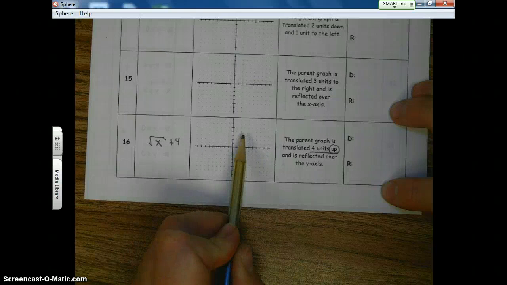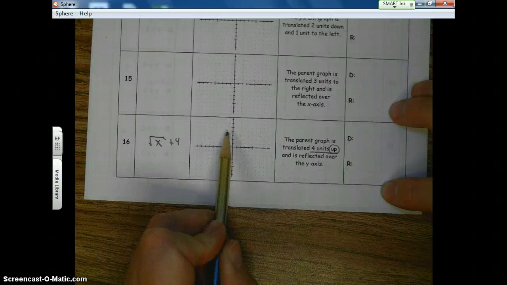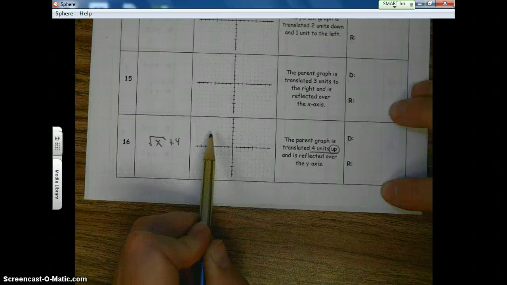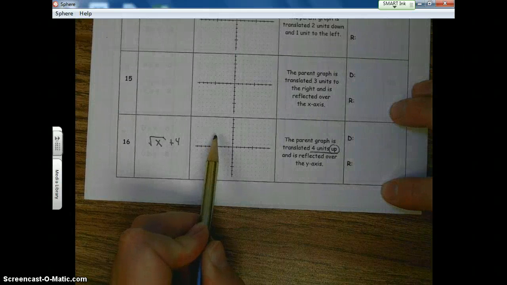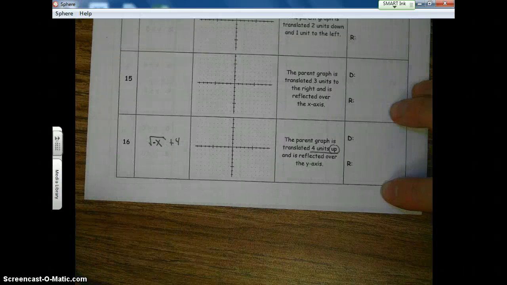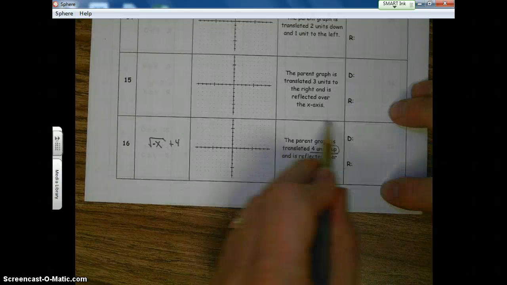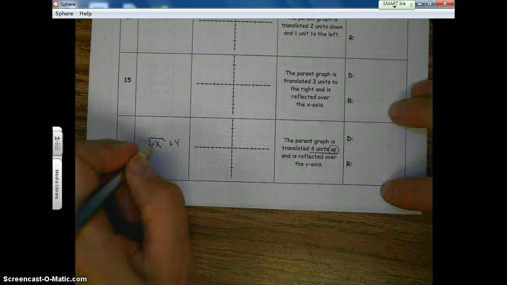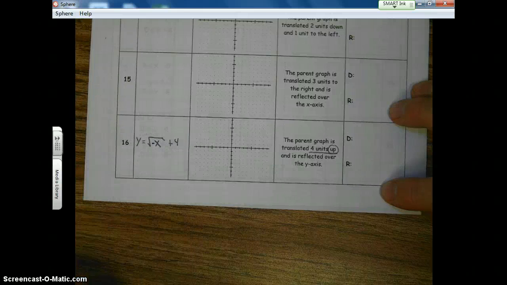My y-coordinates or my x-coordinates? Hopefully you're thinking what I'm thinking, x-coordinates. So that means my negative has to go on the x. Okay? No stretch, no compression. So it's going to be 1 is my a.